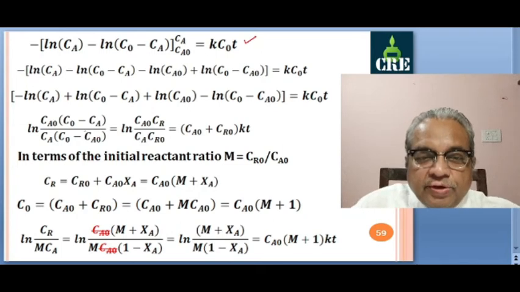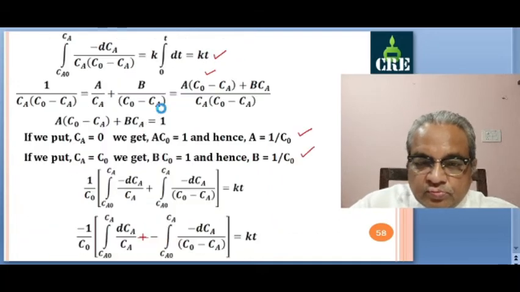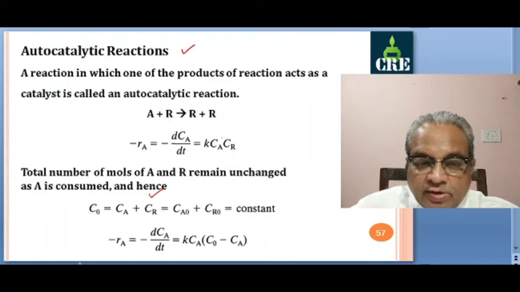This we have written. Now C0 minus CA is CR, that we know, and C0 minus CA0 will be CR0, because this we have defined already.